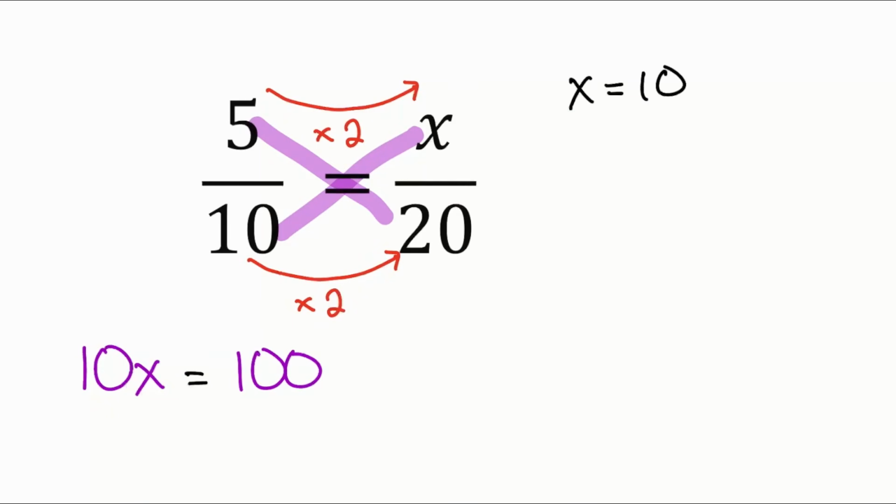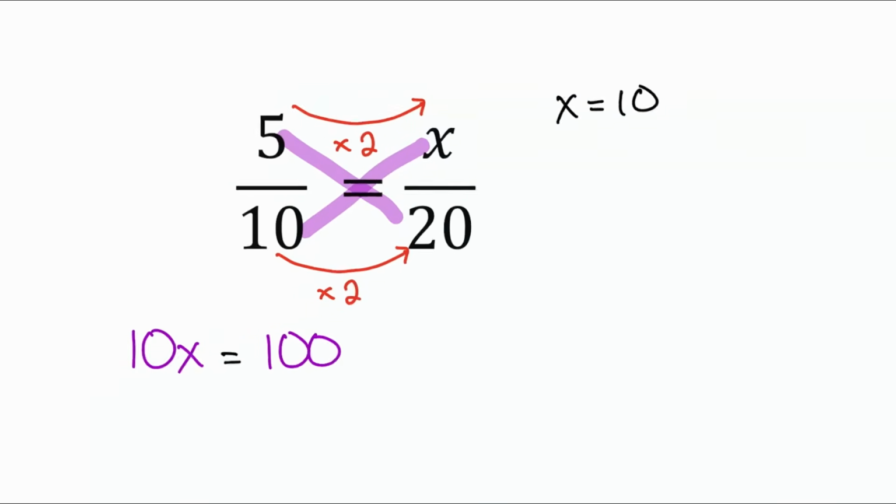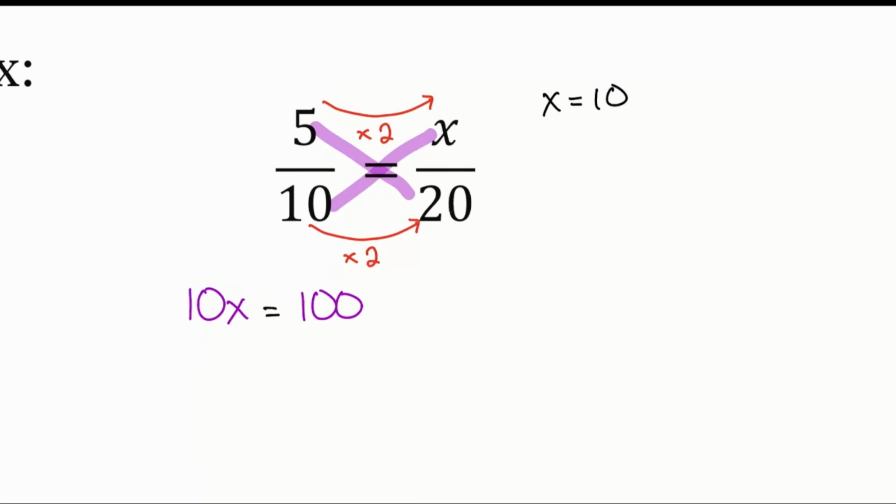And then the last thing that we need to do here is divide both sides by 10. Again, divide both sides by that number in front of the x to get rid of everything around the x, just to get x by itself. So if I divide by 10, it cancels out on the left side, and we get x equals 100 divided by 10, which is 10.